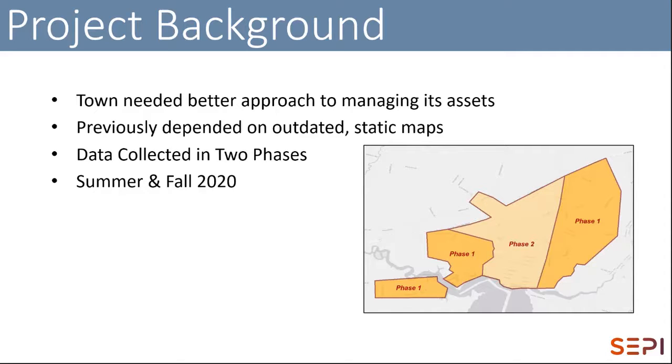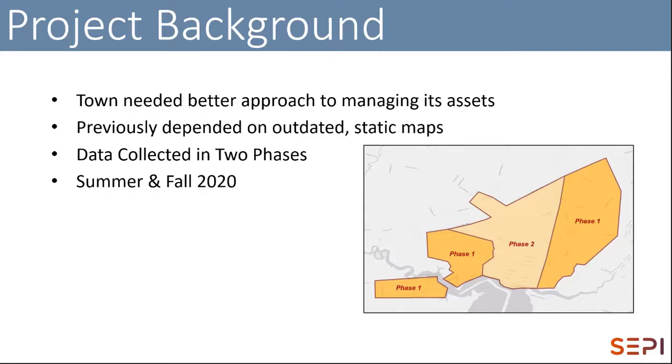Because things do change, where you usually don't have problems, new problems can rear their head, and this was something new for the town. Basically, taking these static maps and creating shape files was one thing, but actually surveying the data points and collecting that, we wanted to kind of tread the water.